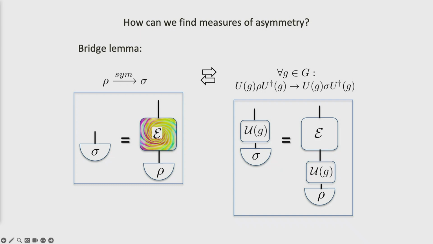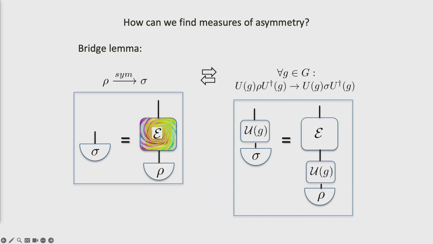Rho will go to sigma by the symmetric operations if and only if the orbit of rho goes to the orbit of sigma. Take rho and find all the images of rho under every element of the group. I want to call that the orbit of rho. So if I had a spin-half particle pointing in some direction, and I apply all possible rotations to it, I end up getting images of rho under all those rotations. That's the orbit of that state under the group.